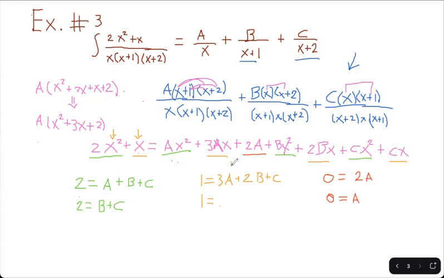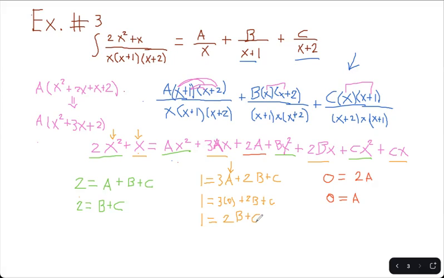If I were to plug in 0 for a, we would be left with 3 times 0, right, plus 2b plus c, right? 3 times 0 is 0. I'm just left with 2b plus c.